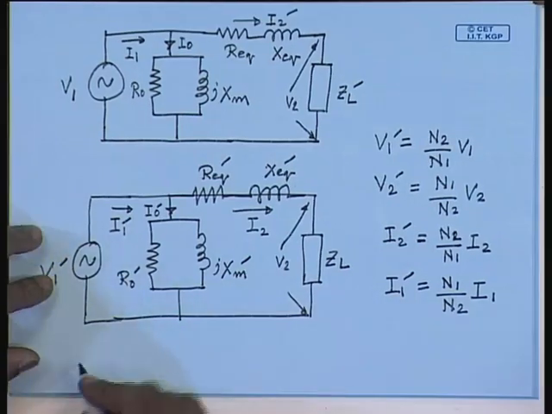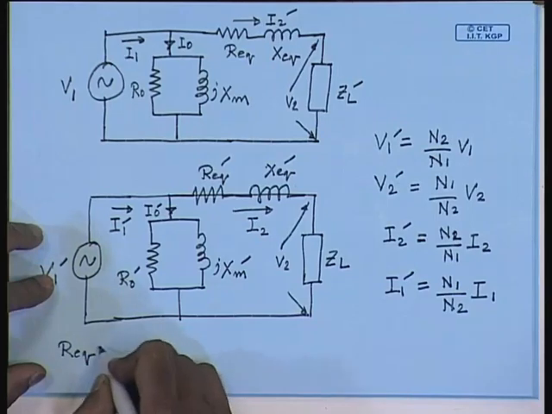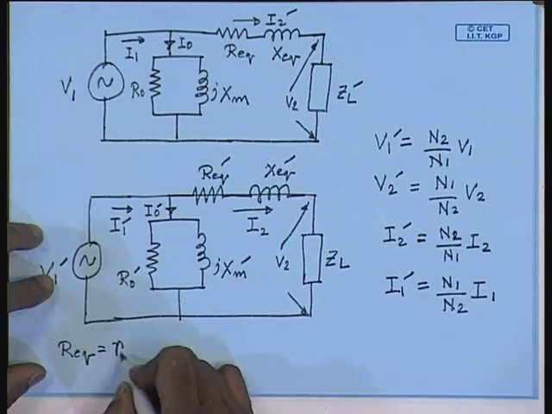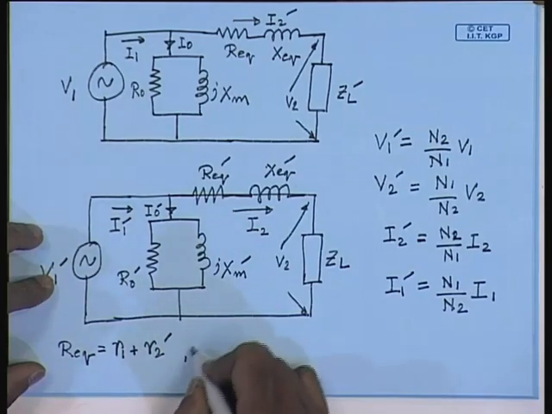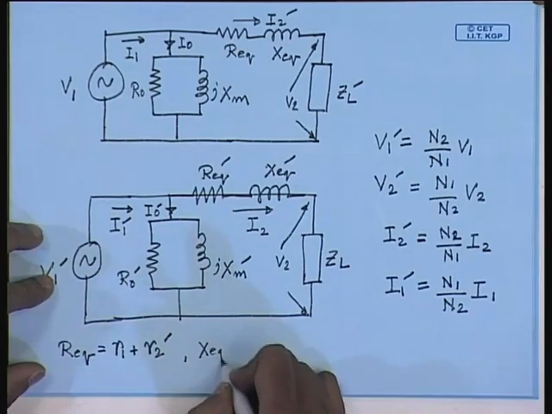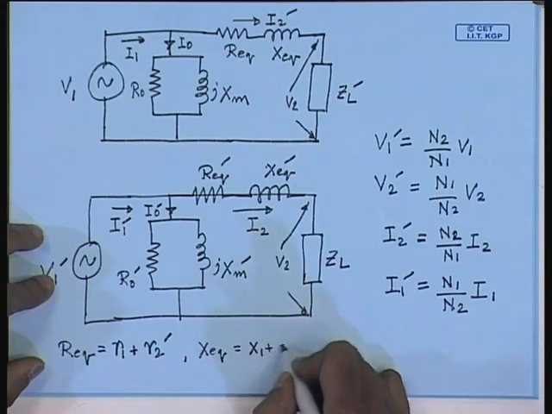For the variables, Req itself is R1 plus R2 dash, Xeq equal to X1 plus X2 dash.